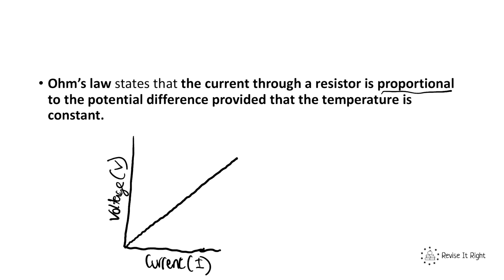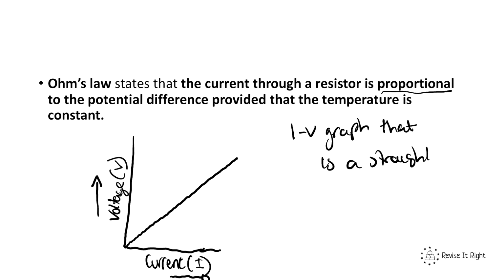We can see that as the current goes up, the voltage increases as well. Now, if an electric component has an IV graph, remember a current voltage graph, that is a straight line, i.e. this graph here, then the component is an ohmic conductor.